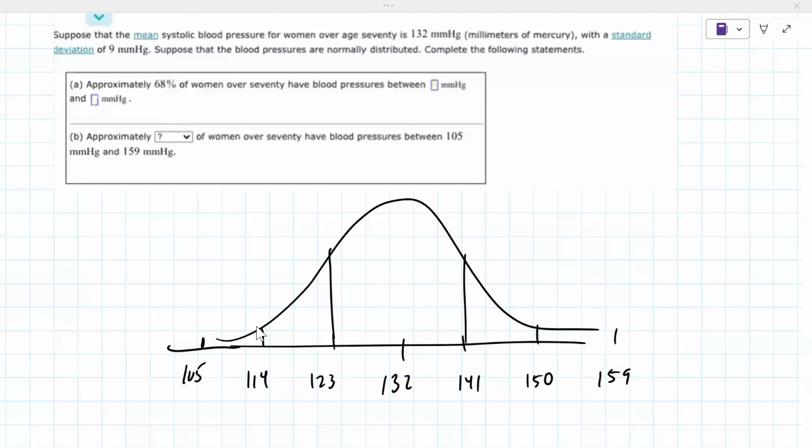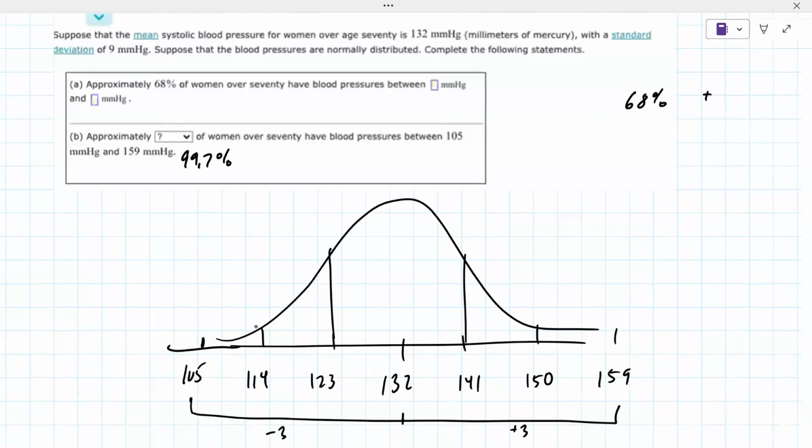You can see that 105 and 159 are 3 standard deviations away, plus 3 and minus 3. So that's 99.7%. 68% is plus or minus 1, 95% is plus or minus 2, 99.7% is plus or minus 3. So if 68% is one standard deviation away, that's 123 to 141.